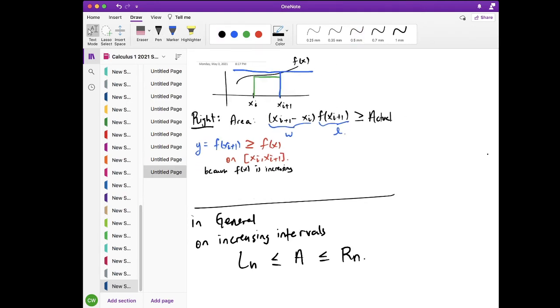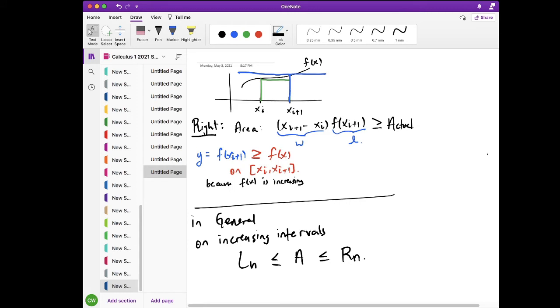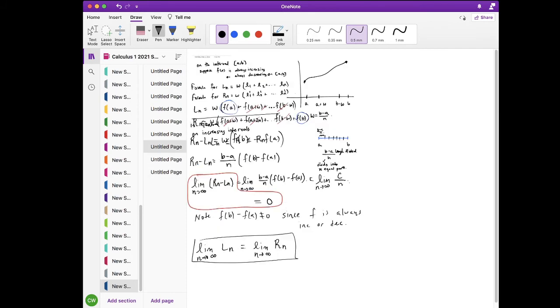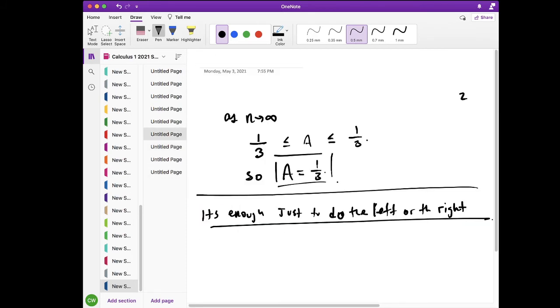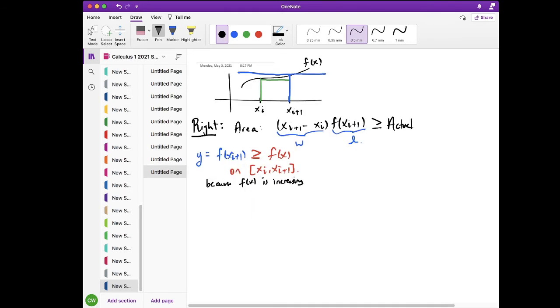Okay, and remember what we had before. Right, before we showed that the limit of the left approximation and the right approximation is always the same.